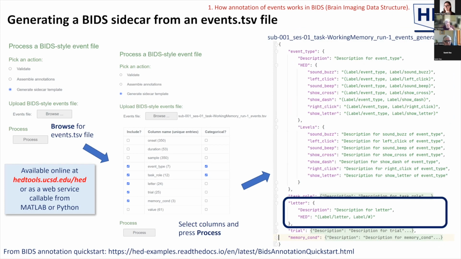Now, I just like to point out the letter column, which is a value column. We're going to annotate that as a value column. In value columns, instead of annotating each unique value that might appear in that column, you just annotate the column. You do that by putting the HED string in a HED category under the column name.